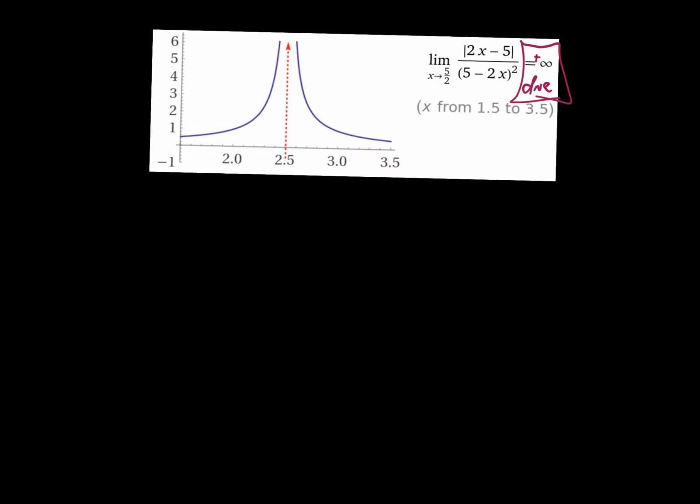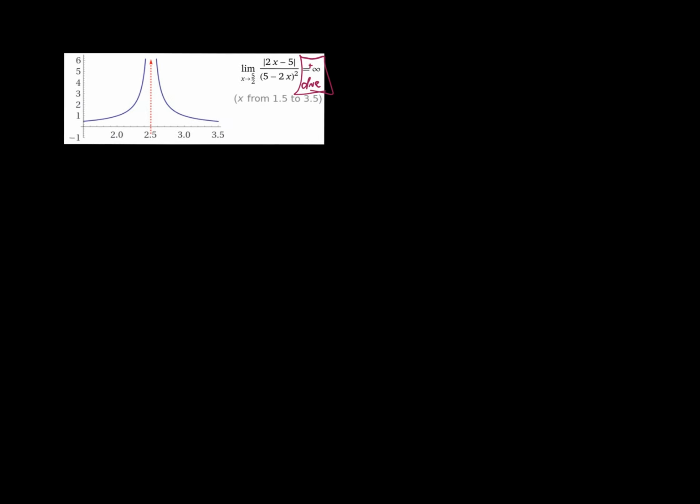Now for the algebra. How did we get those? Let's follow the same pattern here to see if the limit of our function as x is approaching 2.5 or 5 halves. We must check it from the left side, and from the left side we have the negative part of the absolute value.